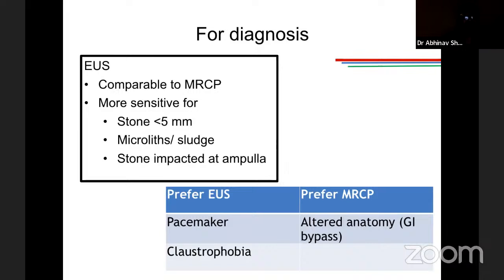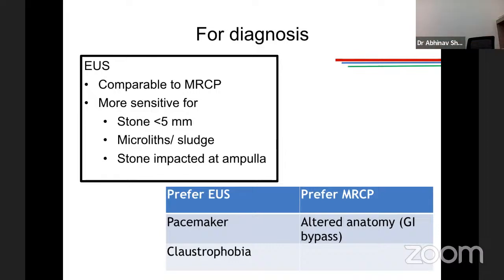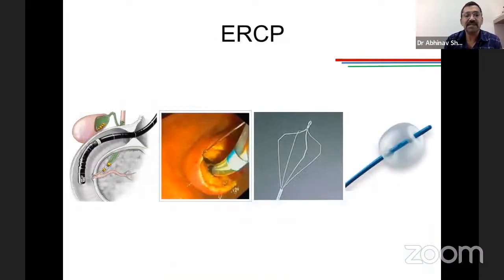Sorry for that. For smaller stones, for microliths or sludge, or for stone impacted at the ampulla, EUS is more sensitive. There are certain situations where we prefer EUS over MRCP, as in a claustrophobic patient or pacemaker. But if altered anatomy is there, like a gastrointestinal bypass, then MRCP is preferred.